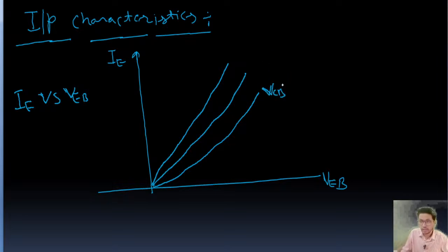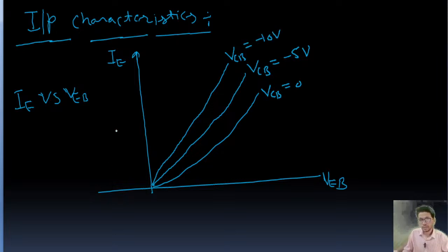Here VCB is 0, VCB equal to 0, VCB equal to minus 5 volt, and this is VCB equal to minus 10 volt.